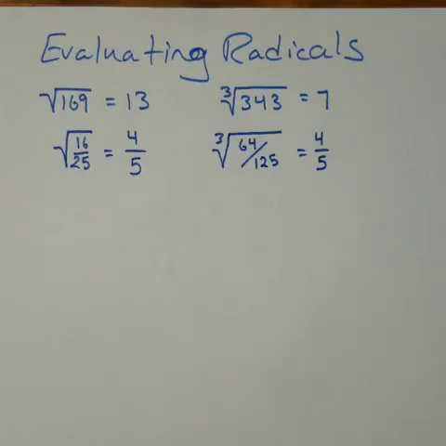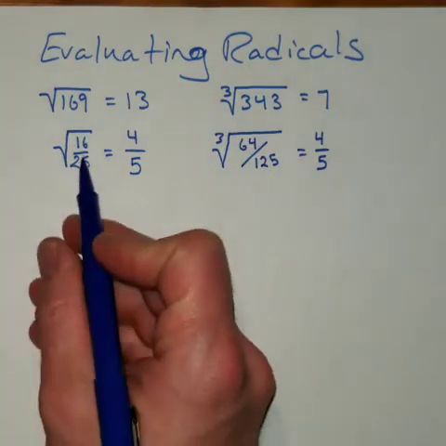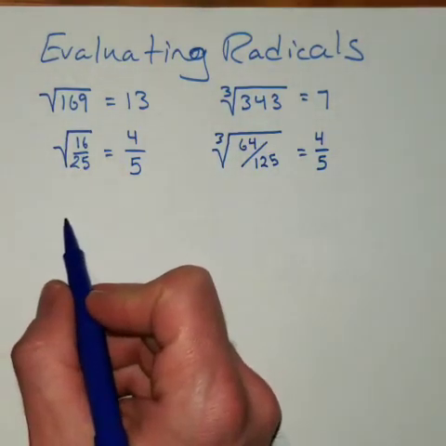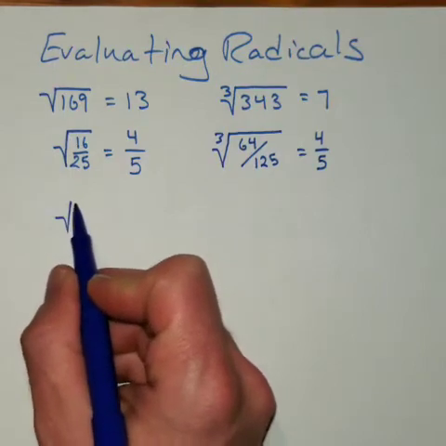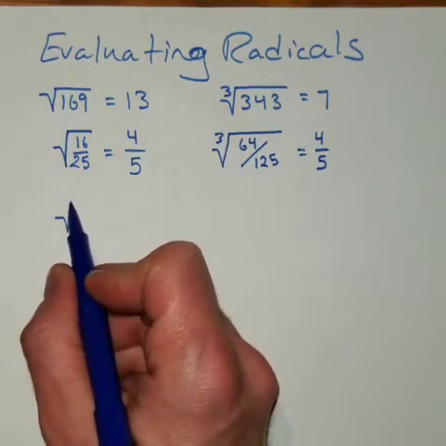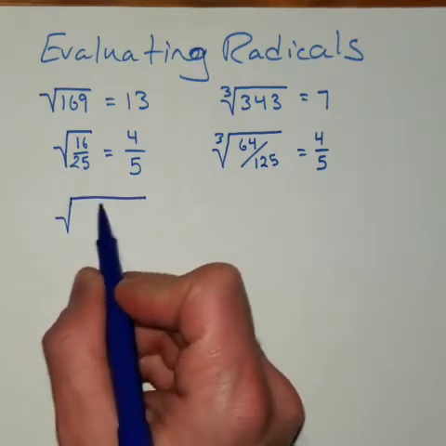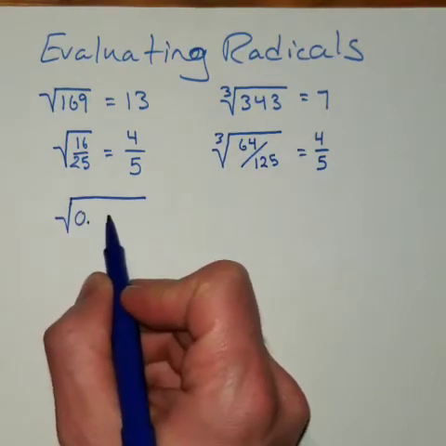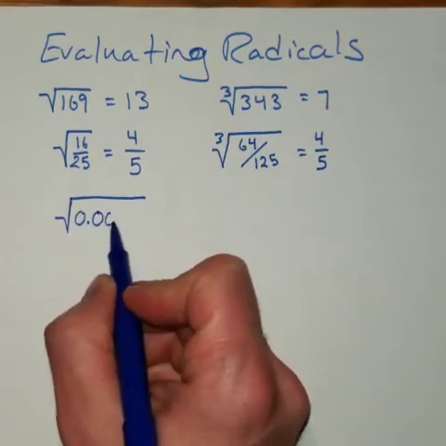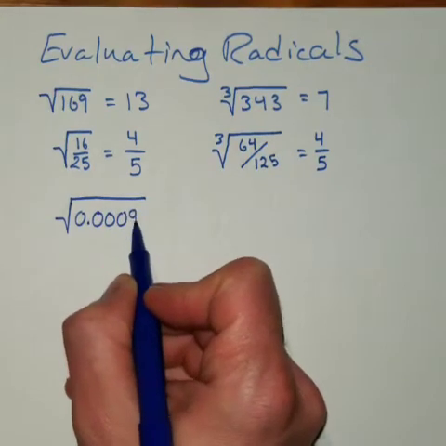Now where it gets a little more difficult is with decimals. You know, fractions, decimals, we can work with the square roots of each. And so let's try something like 0.0009.